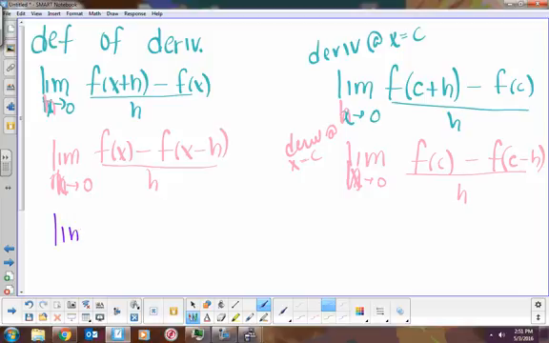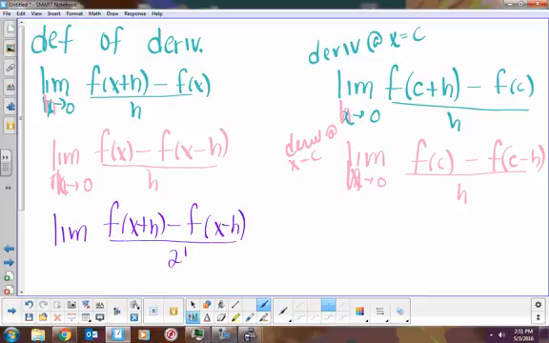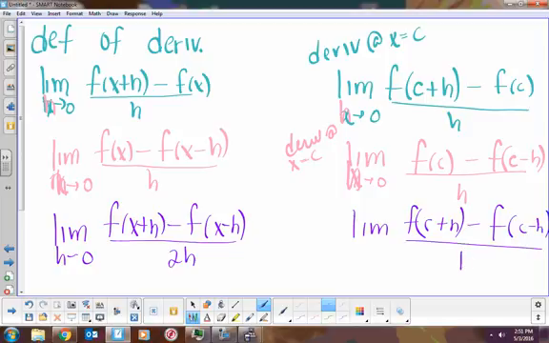Then we gave you the limit of f of x plus h minus f of x minus h all over 2h as h approaches 0. This would look like the limit of f of c plus h minus f of c minus h all over 2h as h approaches 0.